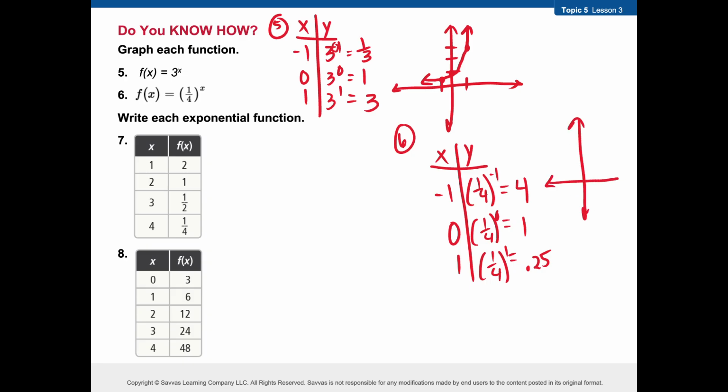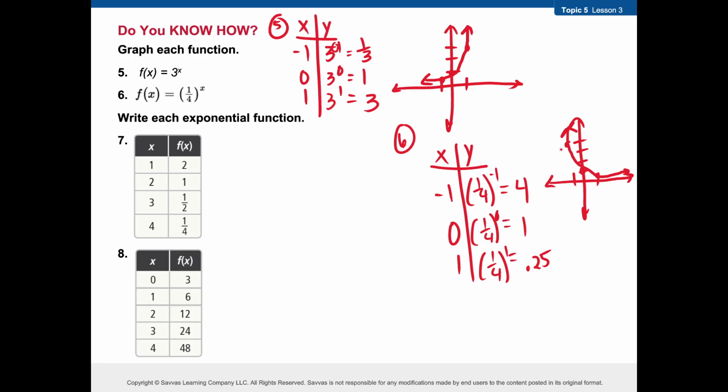If I want to graph this, (-1, 4), (0, 1), and (1, 0.25). Again, it never ever touches the x-axis. It just hovers very close to it.